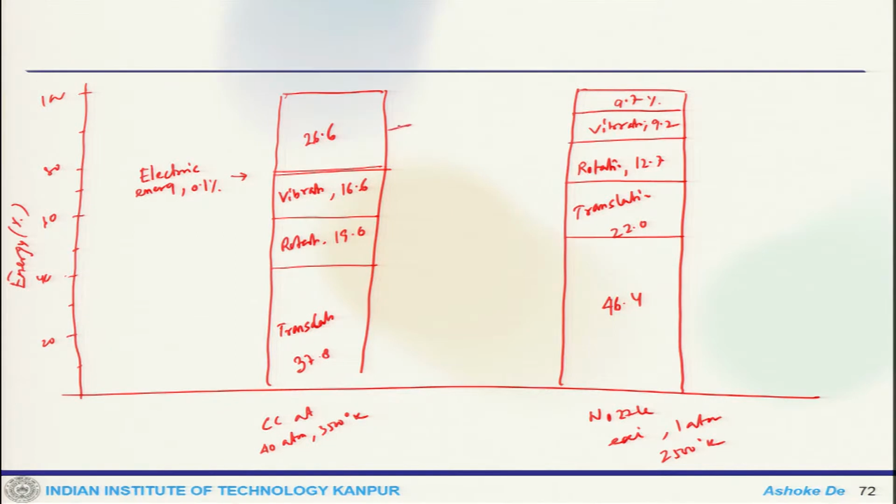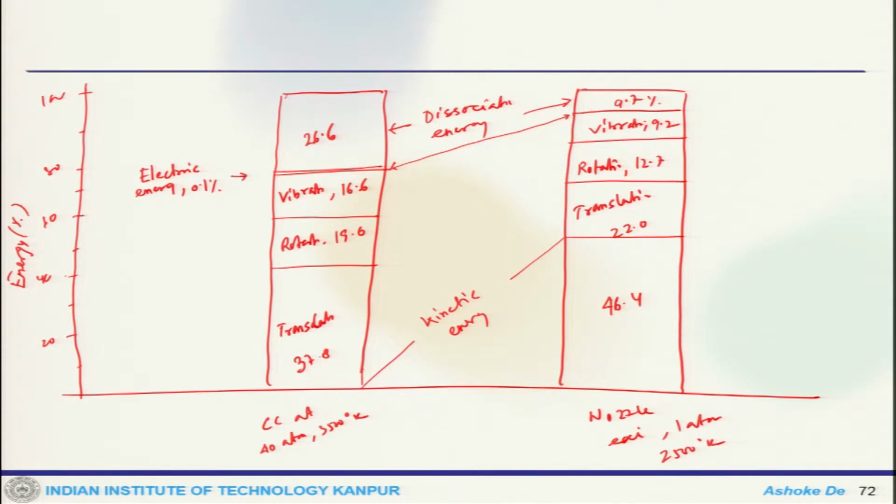This part here is the dissociation energy. And this electronic energy would be here for a small percentage, and this is the kinetic energy. So, you can see the differences here.